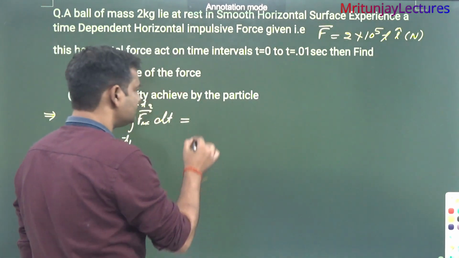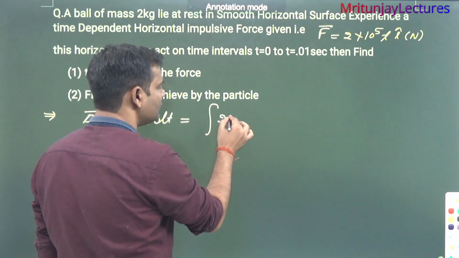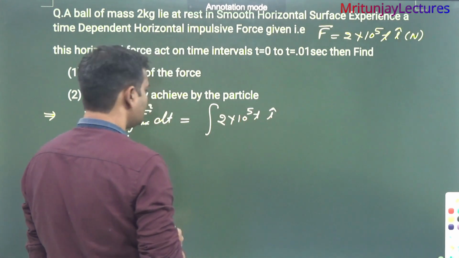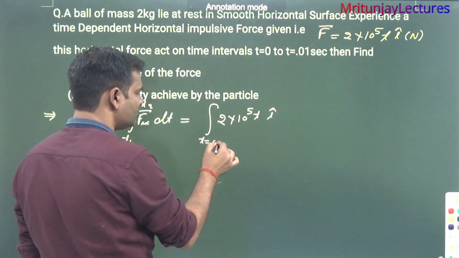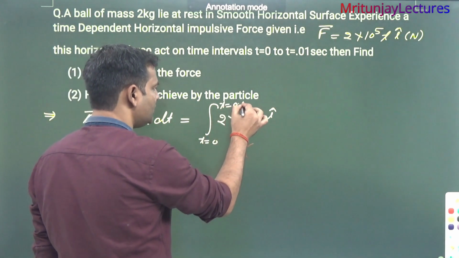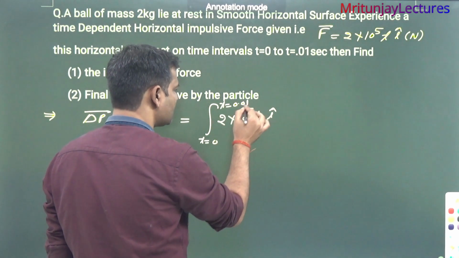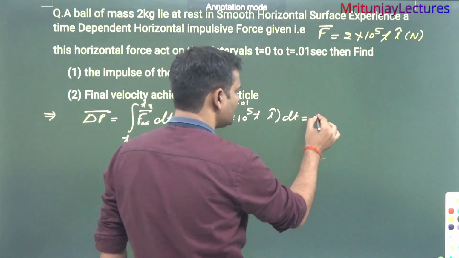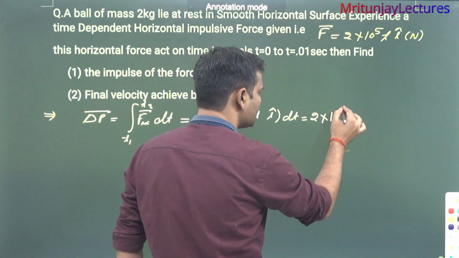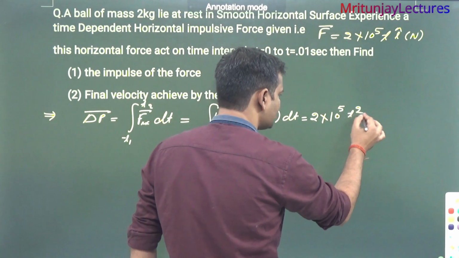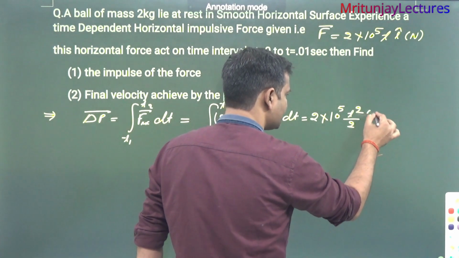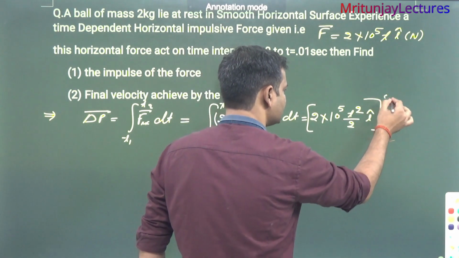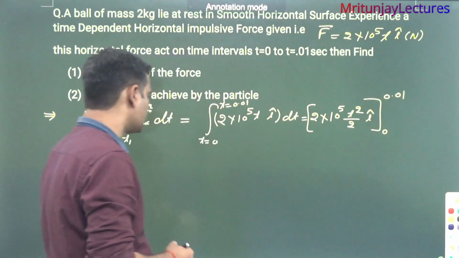F is given as 2 into 10 to power 5 into t i cap, and time t goes from 0 to 0.1. So the integral is 2 into 10 to power 5 into t square divided by 2 into i cap, from 0 to 0.1.